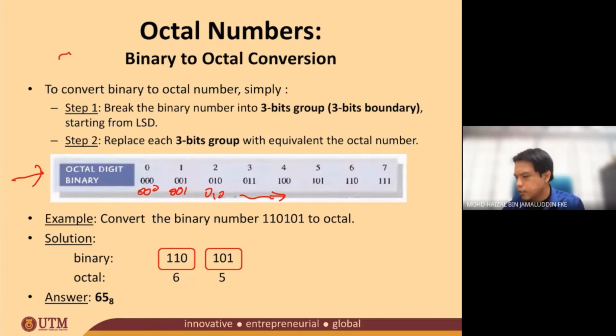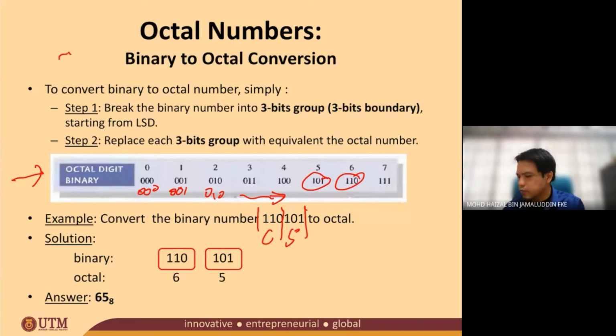For example, here, you make a partition 3 by 3, so you can take this 101, where is 101? Here. 110 is where? So here, 101 is 5, and this is 6.